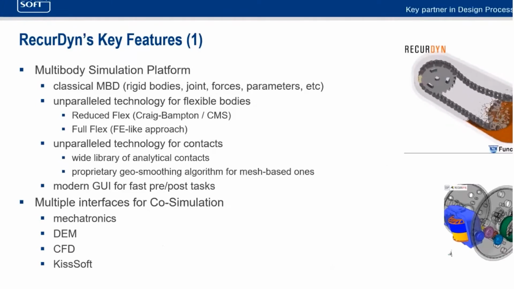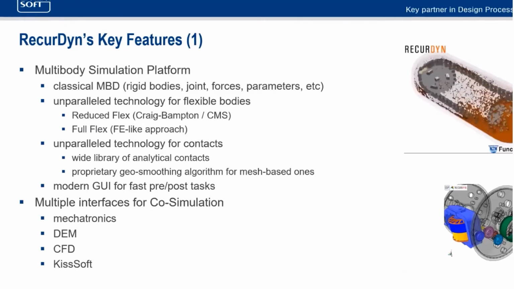A little bit about what makes RecurDyn unique in the marketplace. It's a multi-body simulation platform, and we really mean it's a platform, because it can connect with other software tools and act as the central model that you have, and then you can plug other physics onto it. Now, obviously, we do classical MBD, rigid bodies, joints. That stuff is complicated to do by hand, but pretty much every software tool can do it.